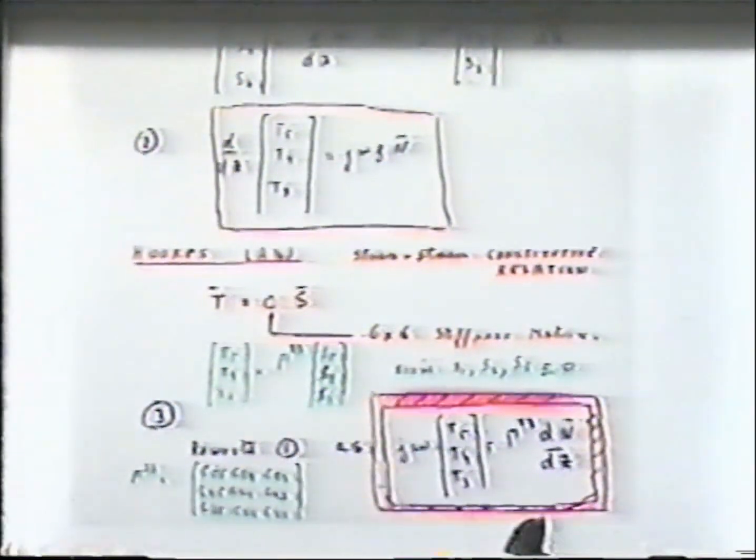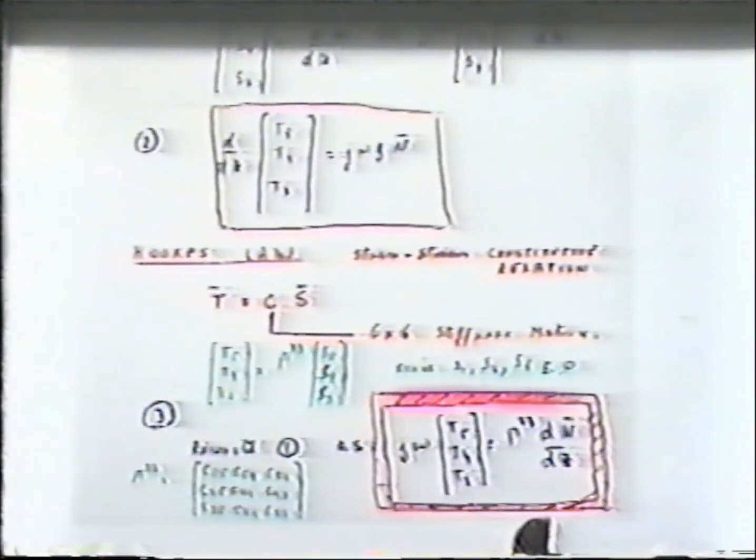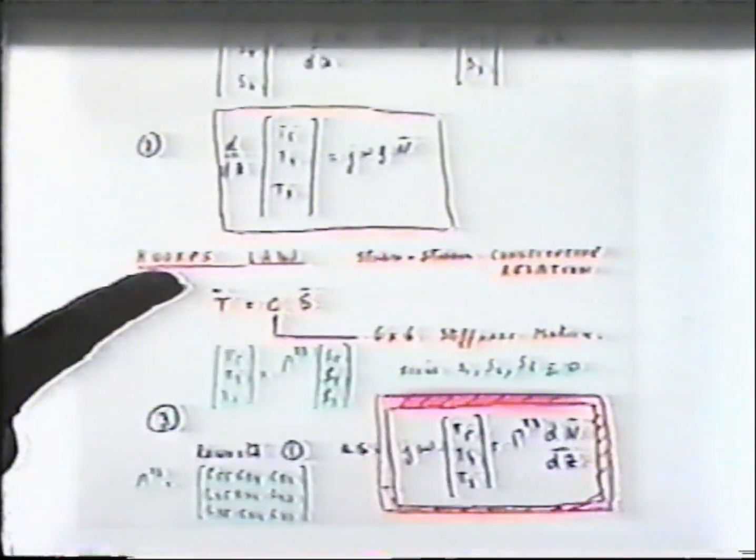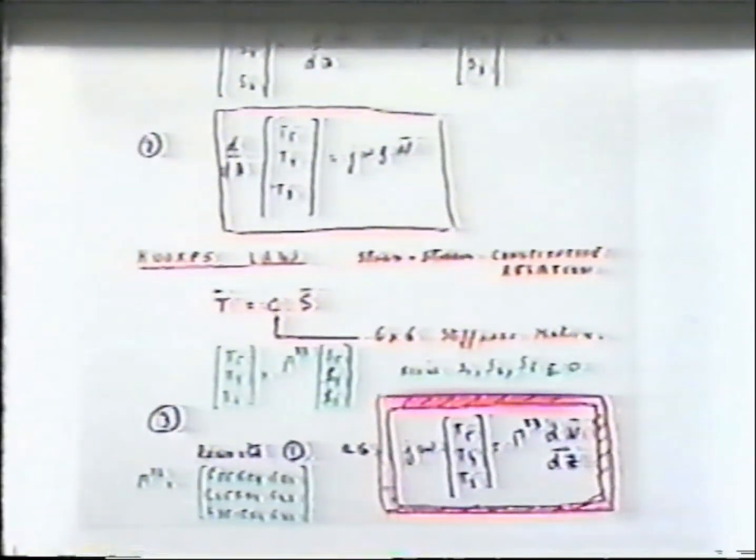This one here comes from the strain displacement relation, and in between the 2 I've eliminated strain using the constitutive relation. Okay. So they are 6 independent statements. There is no extra stuff there.